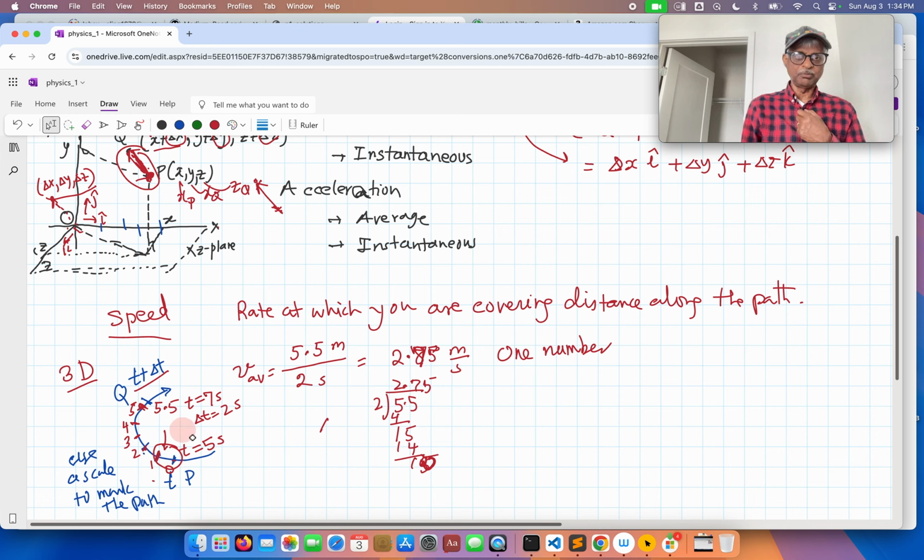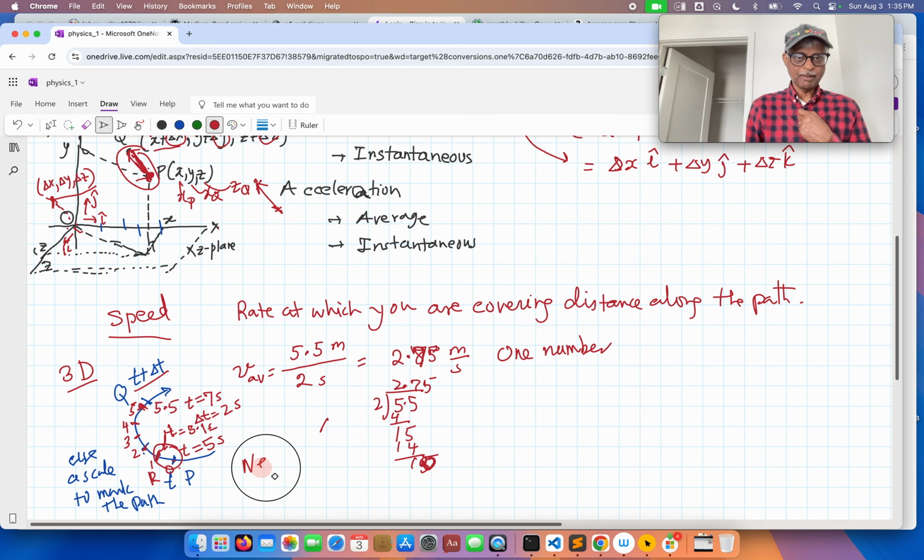Maybe T at that point is only 5.1 seconds. Okay, then if you look at this P to say R, comparing that is going to give you what's happening around there.